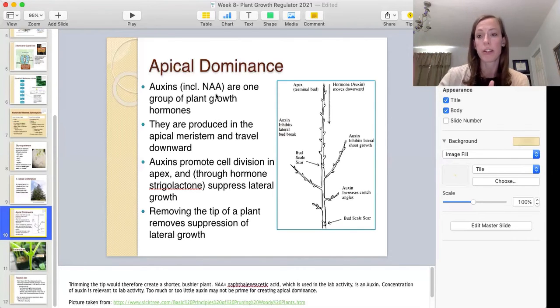So with the increase in auxin, we should see, to some degree, an increase in suppressed lateral growth, or a decrease in lateral growth. With no auxin, just lanolin, we should see that lateral growth is free to continue without any suppression. Okay, so we will set that up this week.